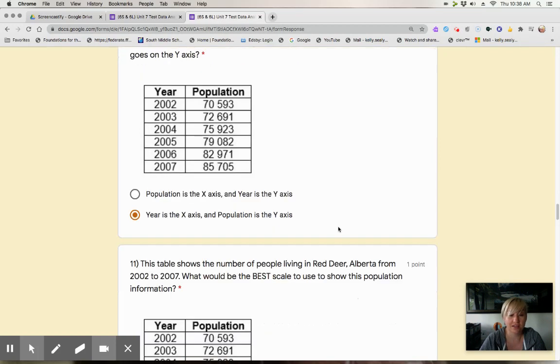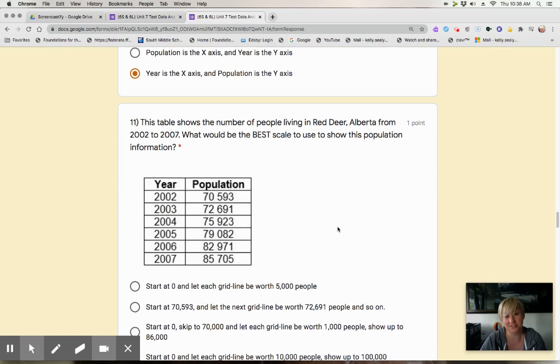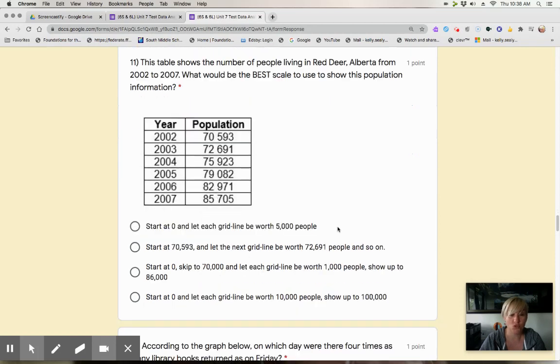Okay, question 11. This table shows the number of people living in Red Deer. Same thing, it asks you which scale to use. You have to notice that your population doesn't start until 70,000 and something, and then it grows steadily by a couple thousand each time. So this question tested whether you knew to break the grid, skip from 0 to the number you should start at, and then go up by a smaller number.